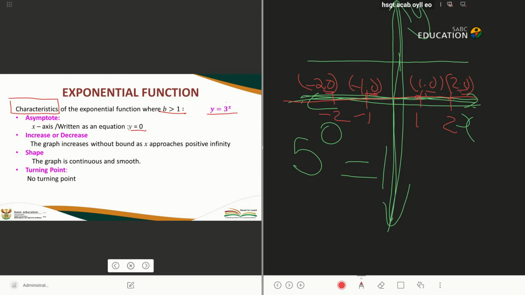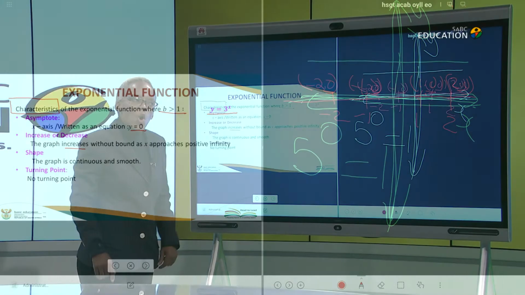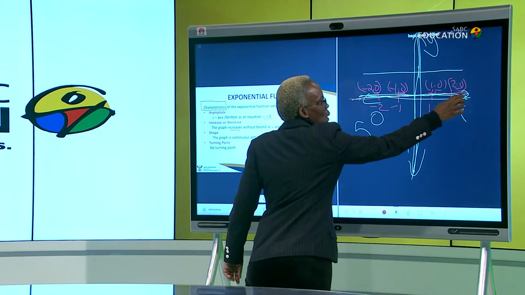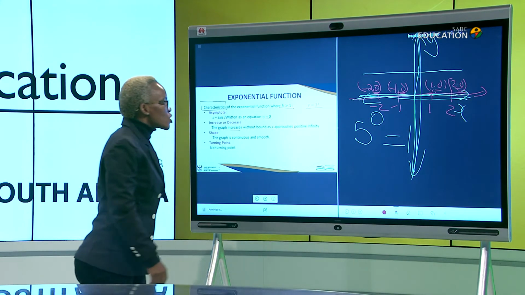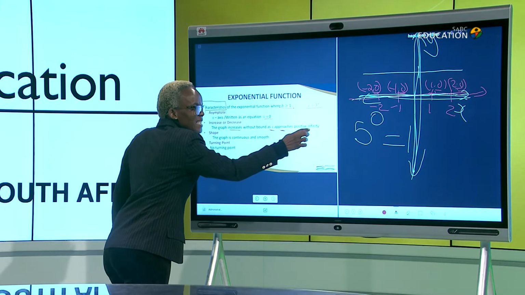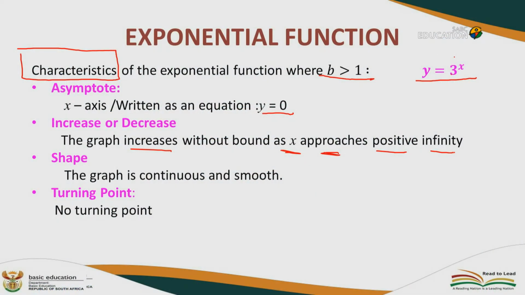Now, is it increasing or decreasing? The graph increases without bound as x approaches infinity. x will approach infinity when it goes to the right. So as x approaches positive infinity, the graph will increase. Now, what is our shape?